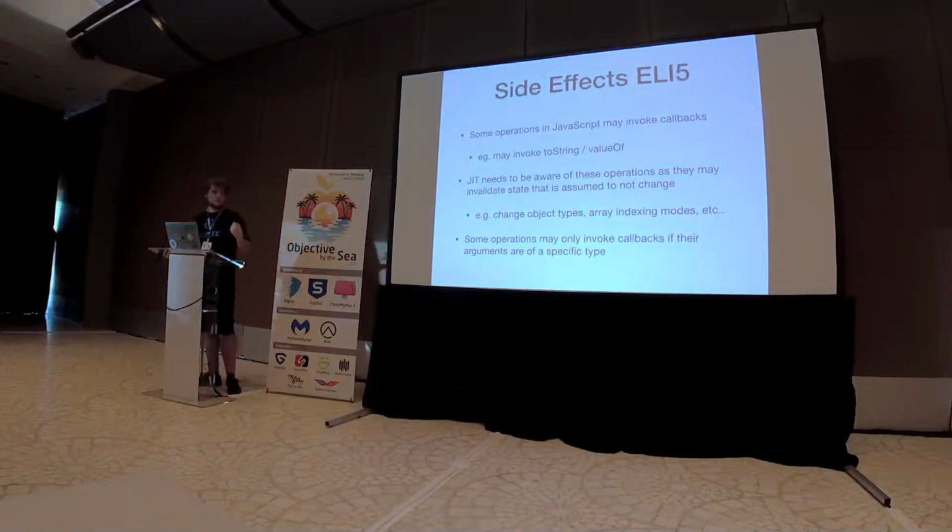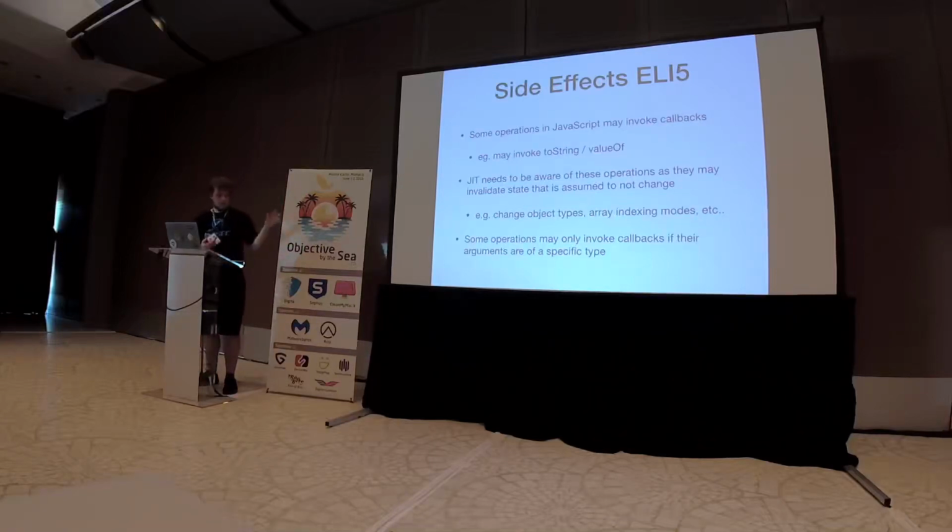So in JavaScript, some operations might invoke callbacks or do some dangerous sort of operation. The callbacks are the nicest scenario here, and the most common of which are toString and valueOf type conversions. And the JIT needs to be aware of when these operations can happen, as they can be observed by user code and invalidate state, which is assumed not to change between JIT nodes.